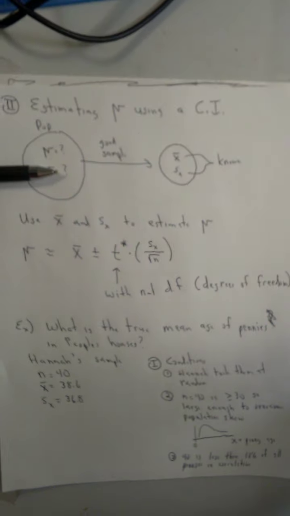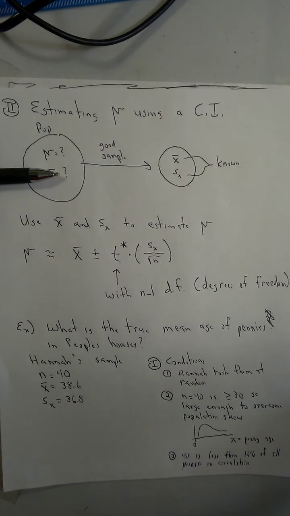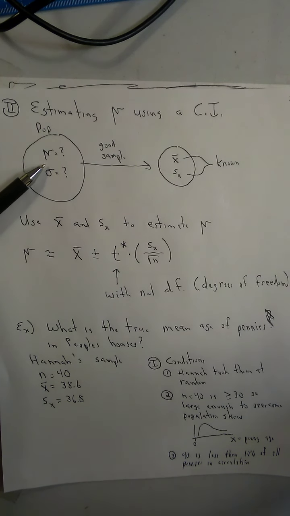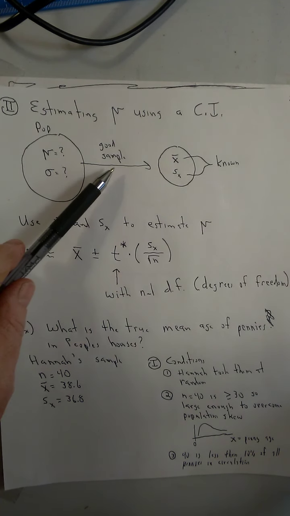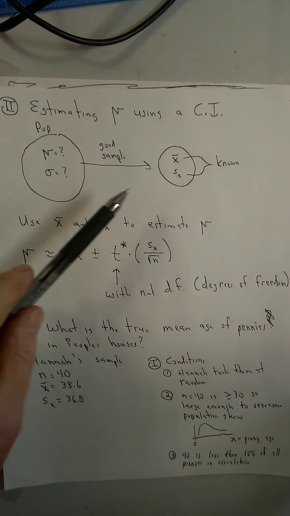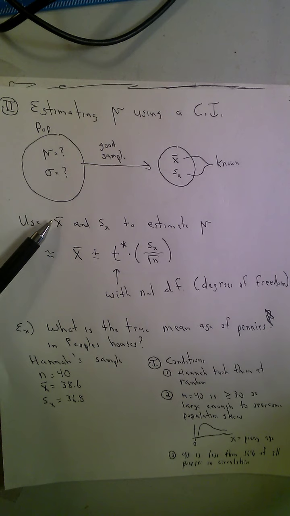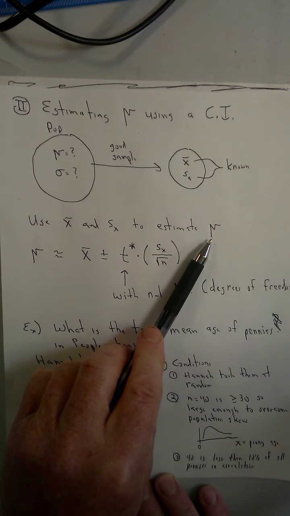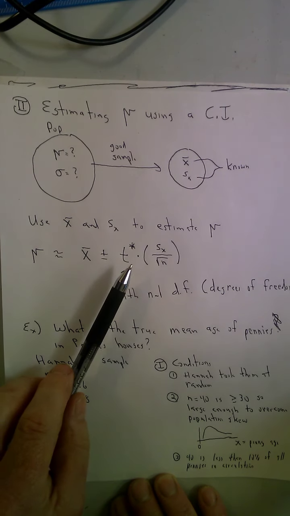Now, because we're using different sample sizes in our formula, instead of using a Z star like we did with proportions, we're going to use a T star, which gives us a better estimate of the 95% or whatever we're doing, because the shape changes as sample size gets bigger.